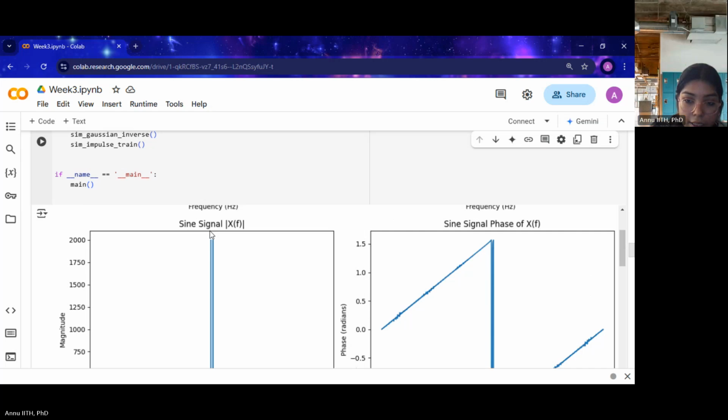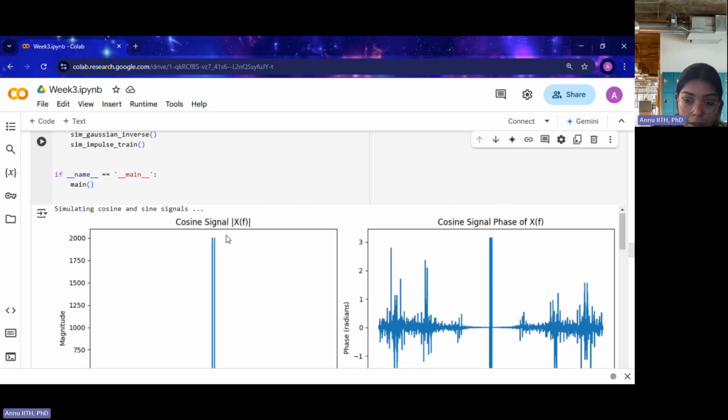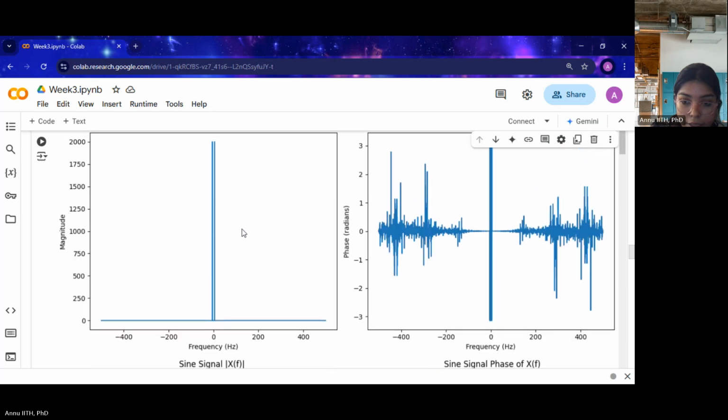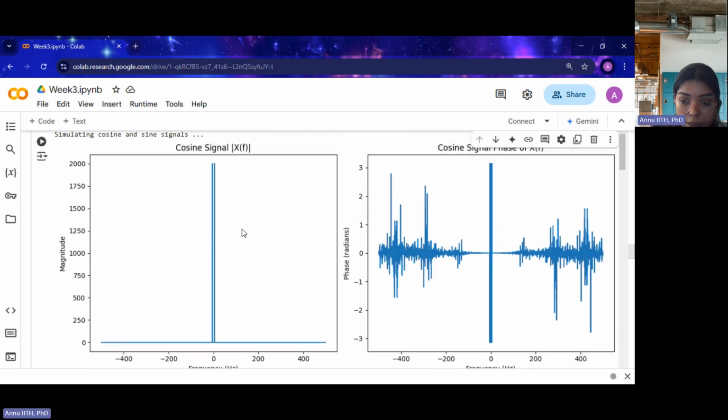Then the sine signal. Observe this. How will you observe what the phase spectrum is and what the cosine signal spectrum is? Simulating sine and cosine, the cosine magnitude and phase spectra.